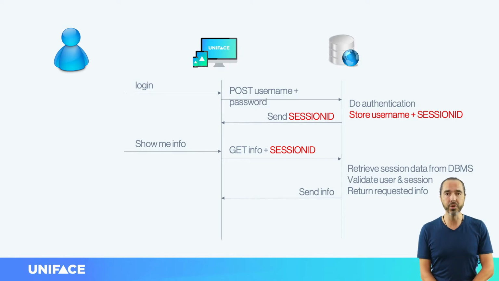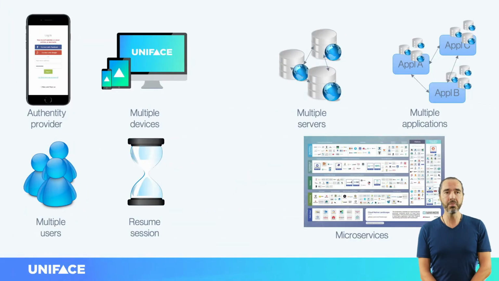But it has a few drawbacks. Let's assume you want to use an identity provider. You don't want to use a username or password, but you want to use your Facebook account or Apple ID to prove your identity.